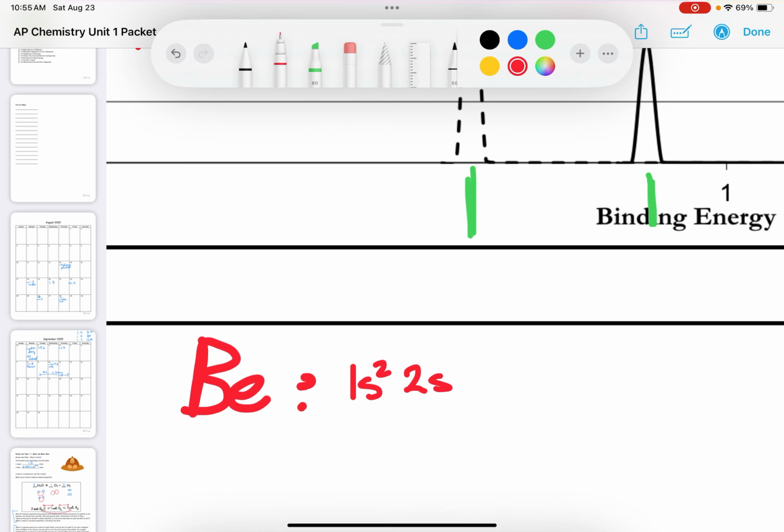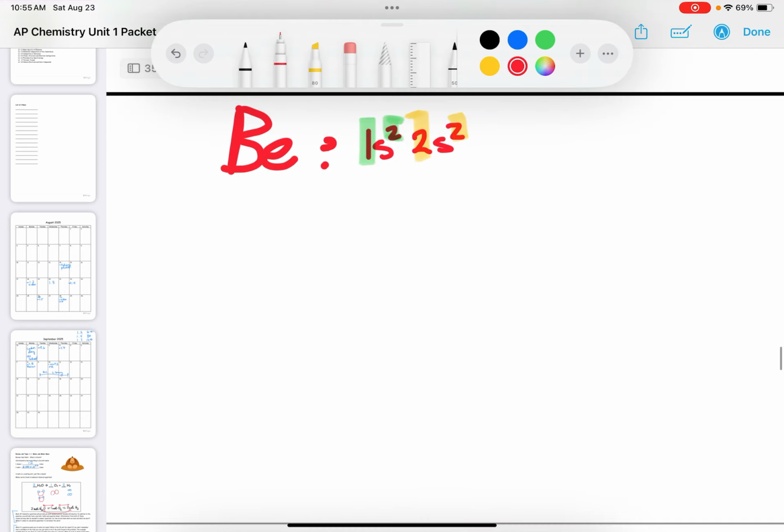1s2, 2s2. So what does that mean for us? The first thing is that we have two energy levels, not just one. So here's the first energy level, here's the second, okay? I also see that in this first energy level there are 2 electrons, and in the second energy level there are 2 electrons. Beryllium has an atomic number of 4, so our nucleus is going to have 4 protons.